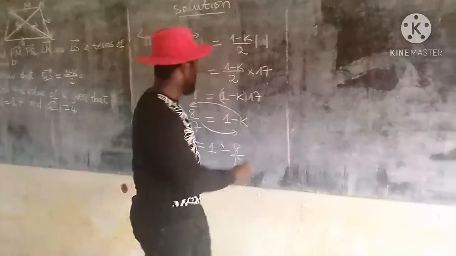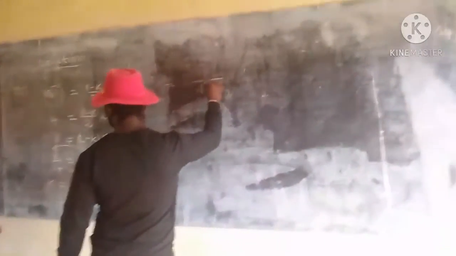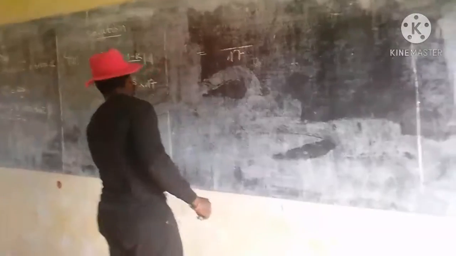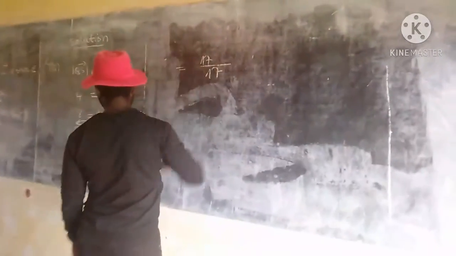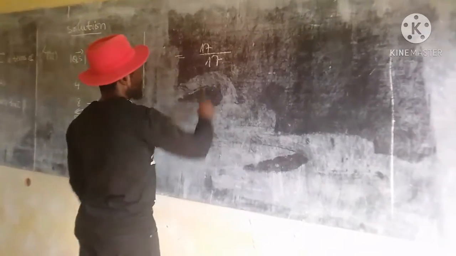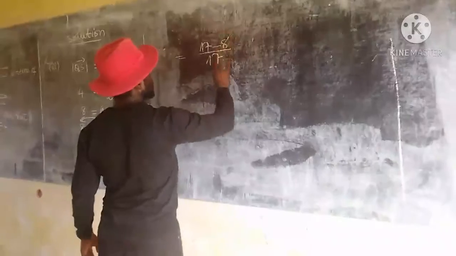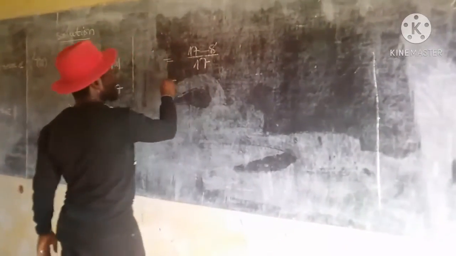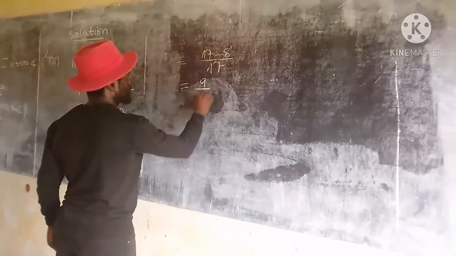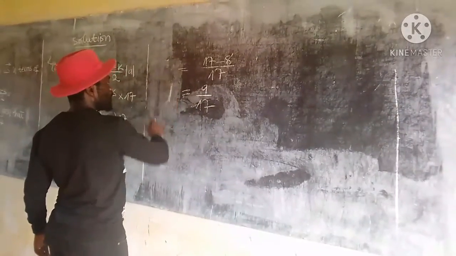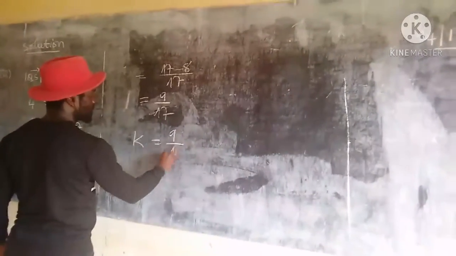The LCM here is 17. 17 divided by 1 gives 17 times 1, which is 17. 17 divided by 17 times 8 gives minus 8. 17 minus 8 gives 9 over 17. So this is our value for K. K is equal to 9 over 17.